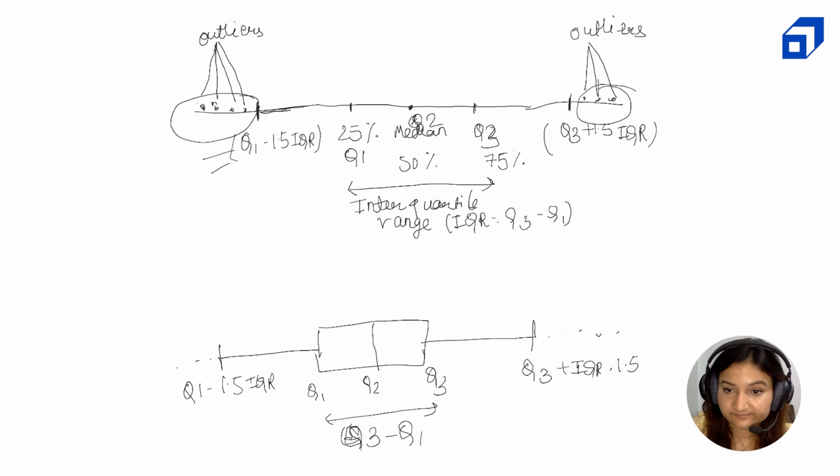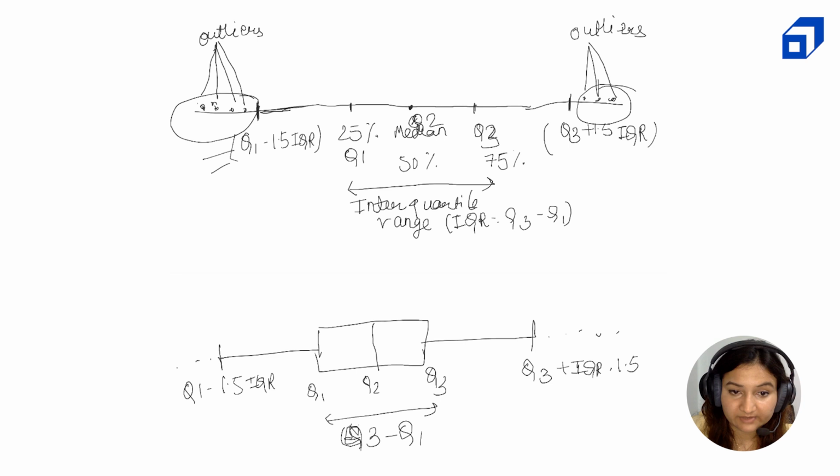This boundary has a value of Q3 plus 1.5 times the interquartile range, which I'm referring to as IQR. This IQR is basically quartile 3 minus quartile 1. And similarly over here we have Q1 minus 1.5 IQR.